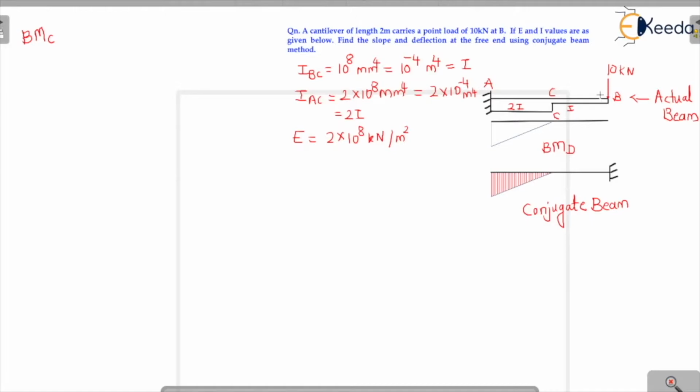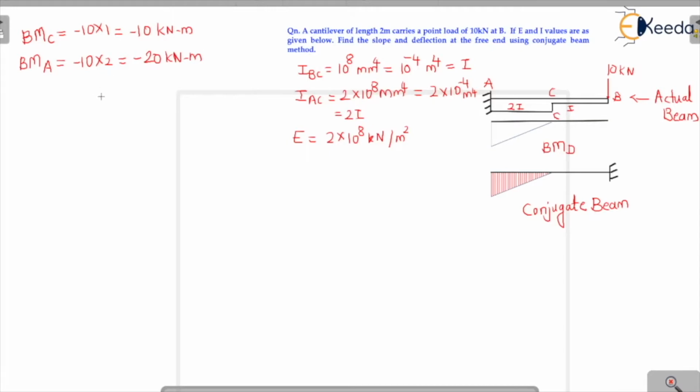Load is here, so 10 into 1, that is minus 10 kilonewton meter. Then what is bending moment at A? Again load into perpendicular distance, so 10 into 2, that is minus 20 kilonewton meter.